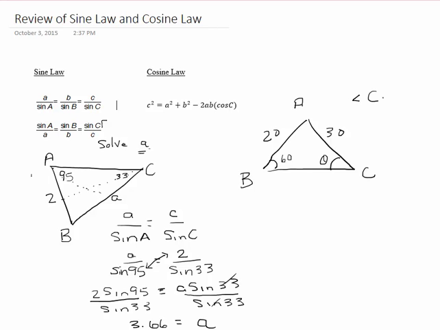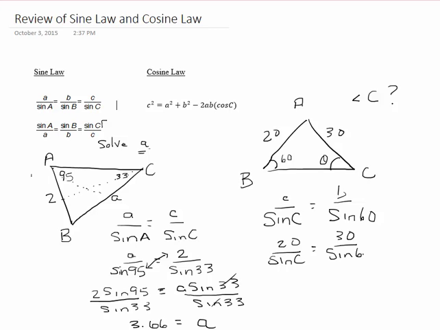So we're looking for angle C. We have to be sure that one of our ratios has C in it, so small c over sine C. My other full ratio here would be B. I know side B is 30 units and the angle is 60. So we can substitute in everything we know: sine C over 20 is equal to sine 60 over 30.